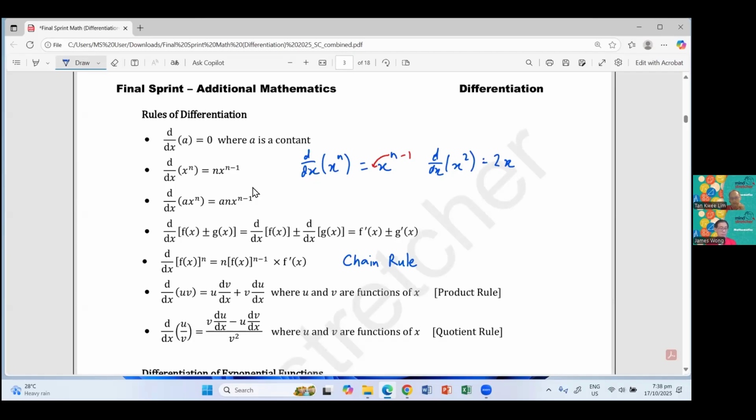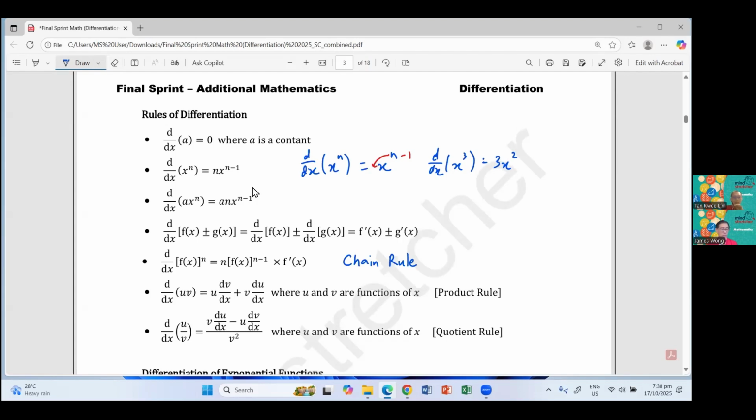The index of 2, now we minus 1, means it will be left with 1, right? Of course, we don't have to write the 1, so that will be left with 2x. Or if we were to consider x cubed instead, then it will be 3x, then 3 minus 1, which is 2, right? So that's more or less what you should know, right?